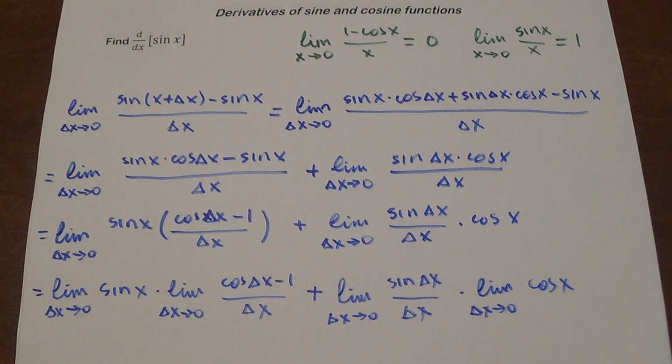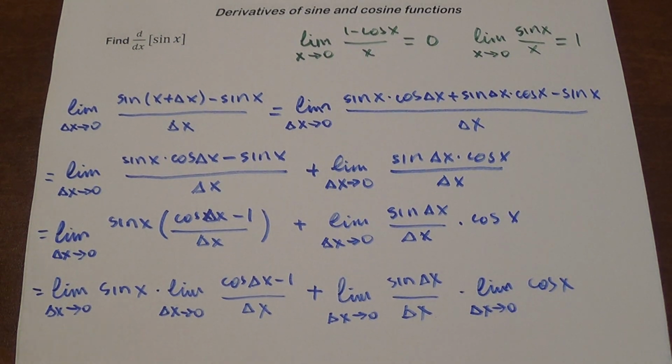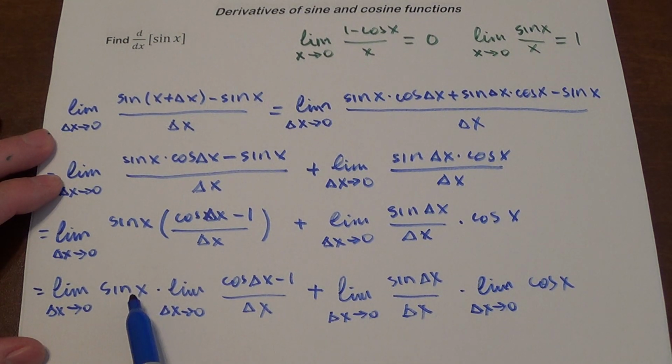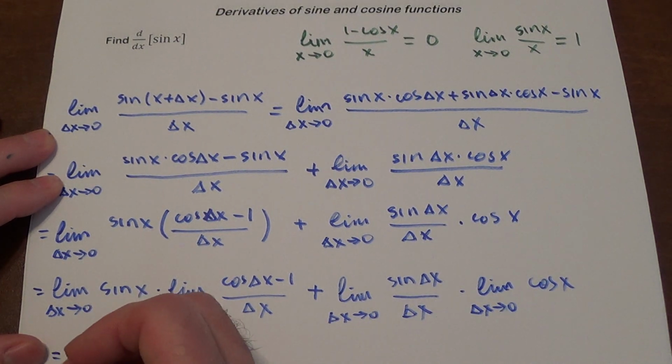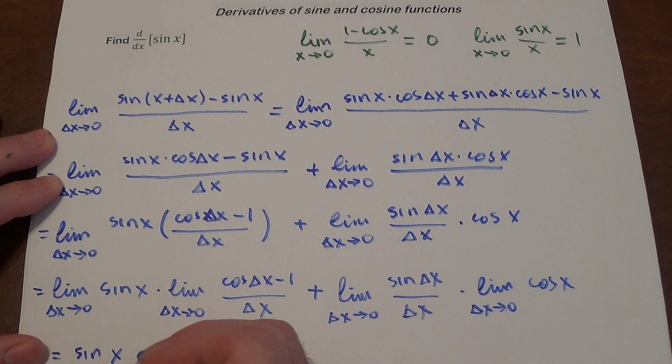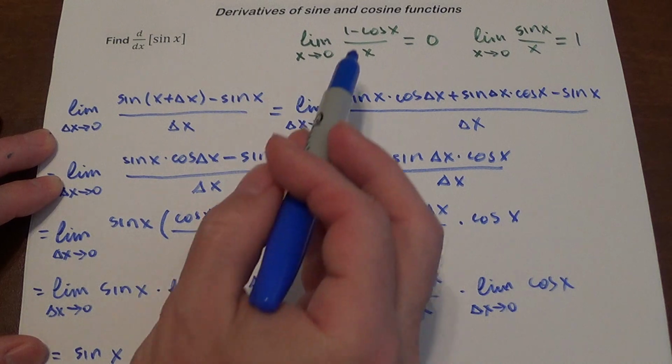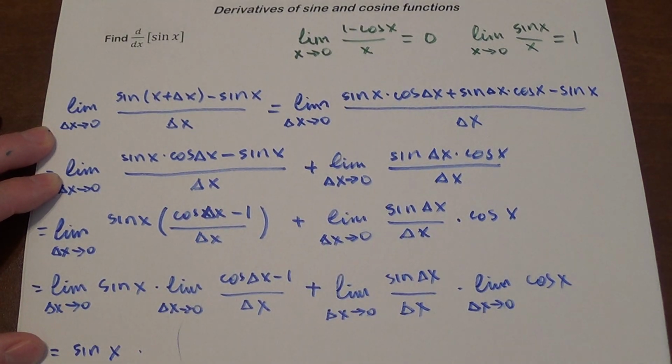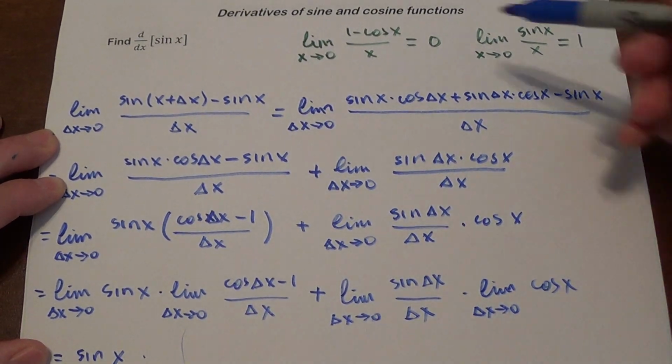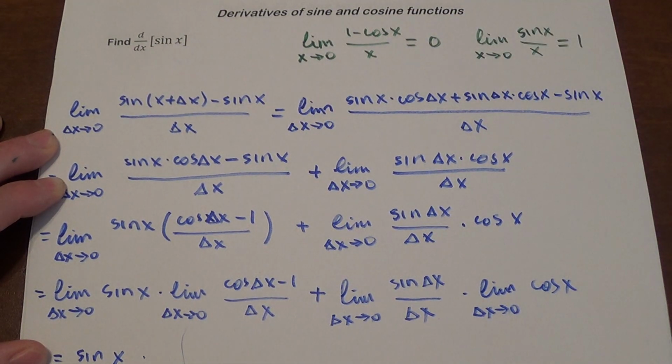Okay, we're almost there. This limit here, because it does not have delta x, is going to give you sine x. This limit here, even though it's not exactly the same expression, it's the opposite of the expression we have here, so it's also going to give you 0.